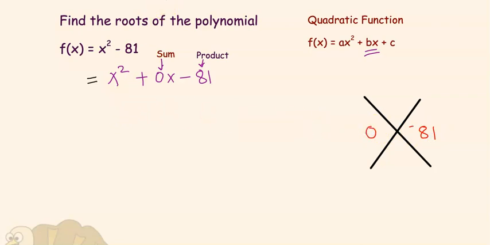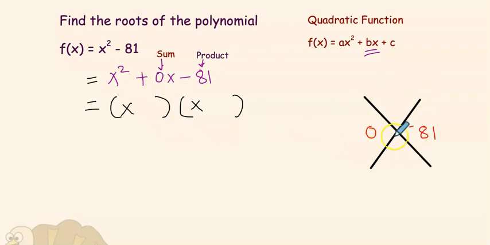So I'm in need of two numbers whose addition is 0 and the product is negative 81. As I have here x square minus 81, this is x and x. For my factors, I got the first terms, and I'm looking for the second term, which is going to be a number, right? A constant value.